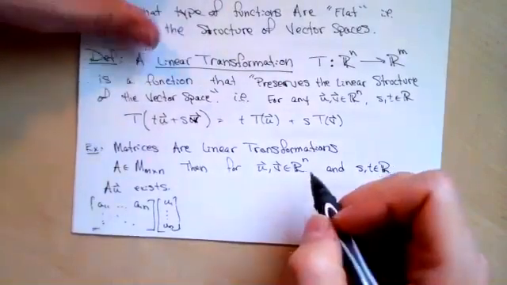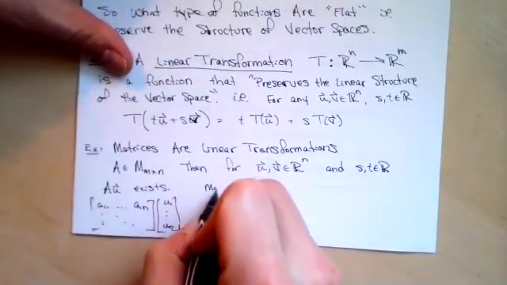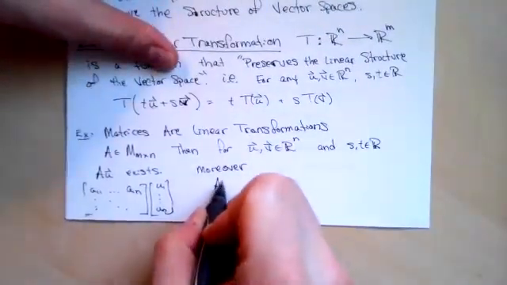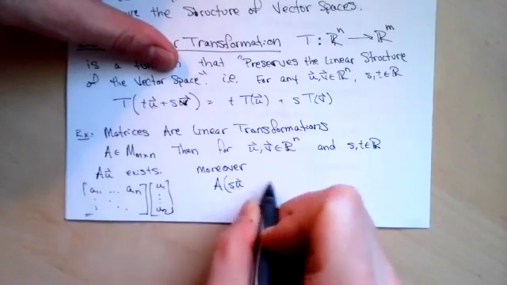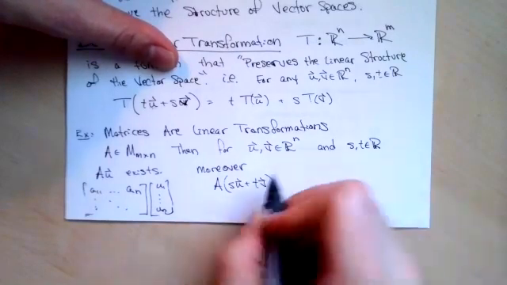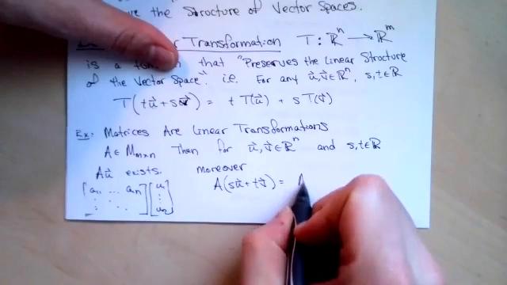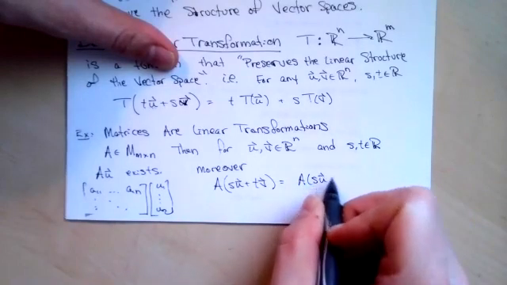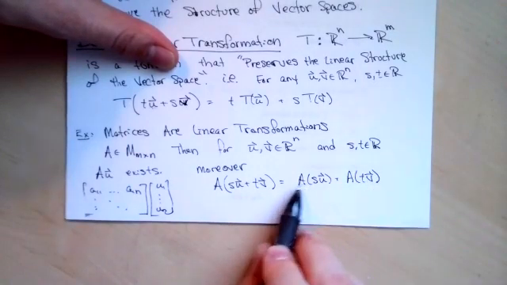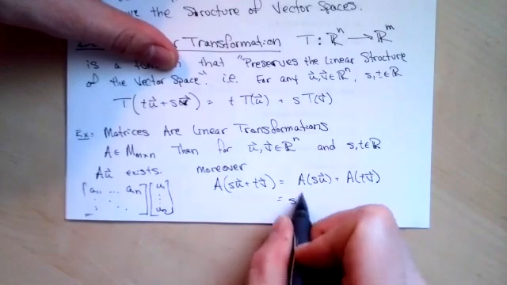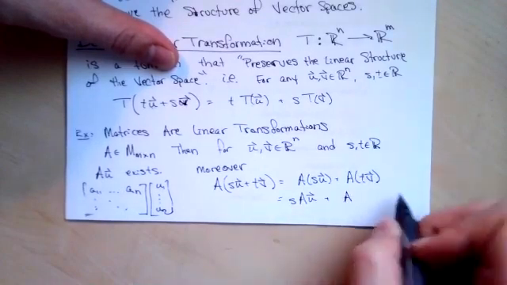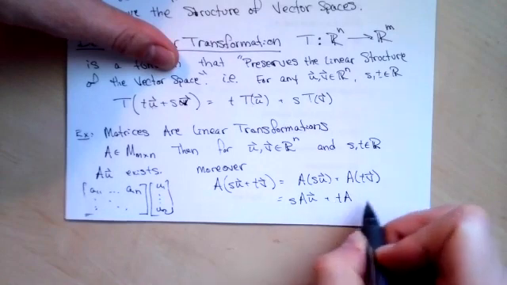And moreover, by the properties of matrix multiplication, we know that if A acts on a linear combination of vectors, by the distribution property, I can distribute A over the sum, and then by our properties of scalar multiplication, we can pull the scalar outside of the matrix multiplication.